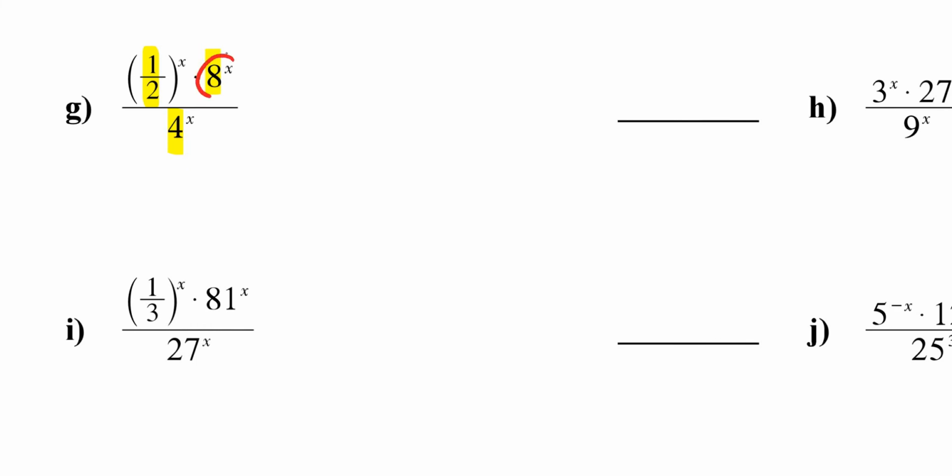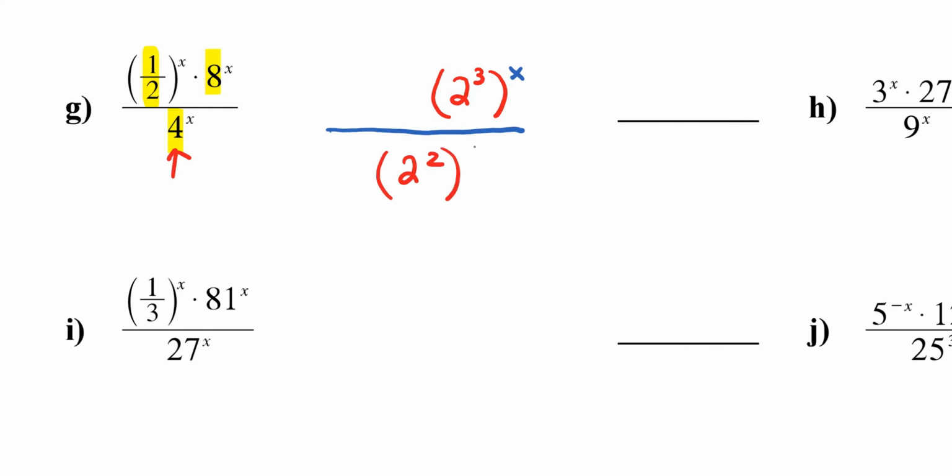Let's start with this 8^x. I know 8 is the same thing as 2 to the power 3. So 2 to the power 3, and then the x just tags along like that. And then divided by, well, 4 is the same thing as 2 to the power 2, and then the x there just tags along.